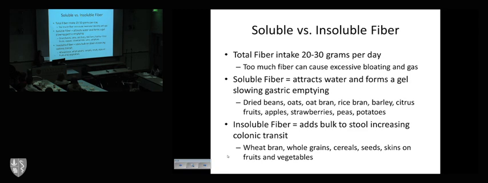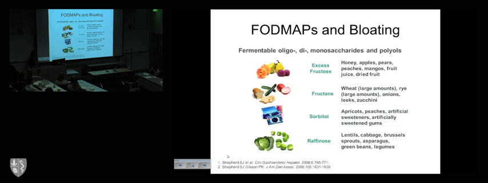So these are natural soluble fibers. Then you have the insoluble fiber, which adds bulk to stool, increasing the colonic transit. So you can see that with wheat bran, whole grain cereal. The fiber supplements that are out there are soluble fibers. So Metamucil, Fibercon, Benefiber, those are all soluble fibers.